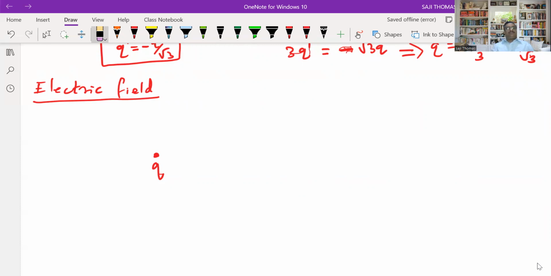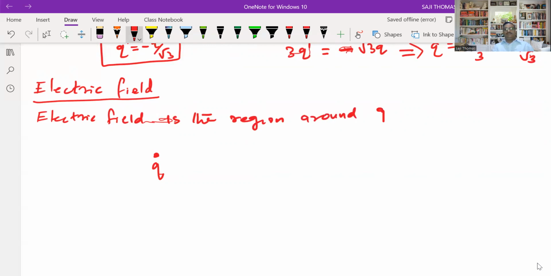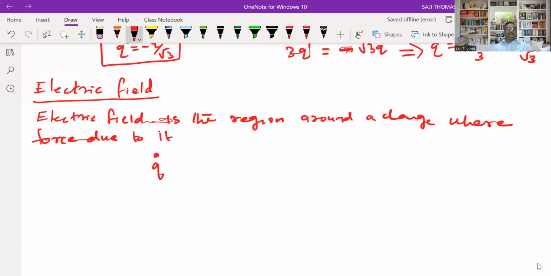Now we have to define it. How do you define the electric field?